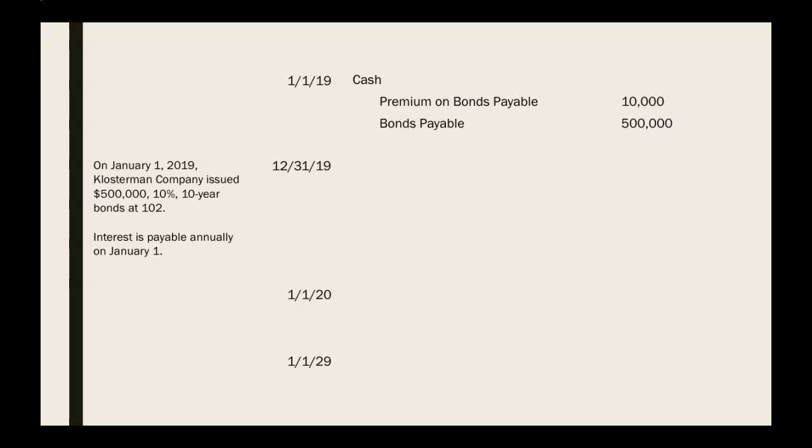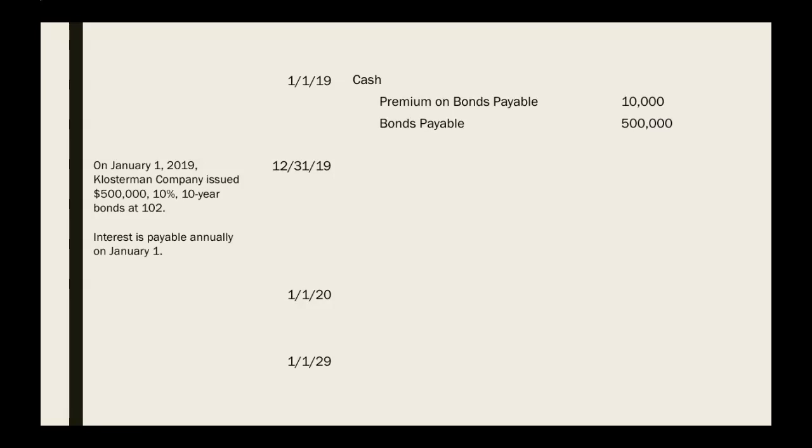What that's saying is that we're issuing these bonds at 102% of face value. So your premium is that 2%, that part that you are over 100. So if we take 500,000 and multiply it by 0.02, you'll end up with 10,000. So that's our premium on bonds payable.